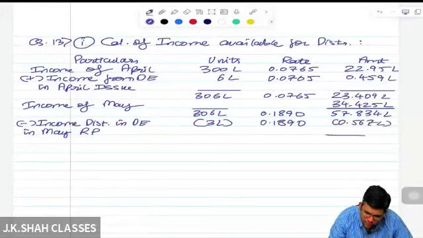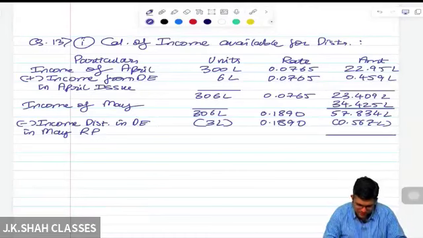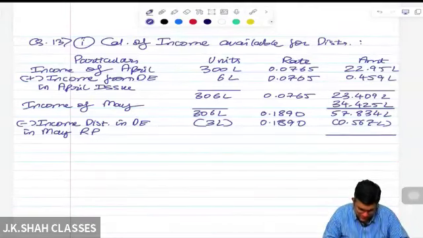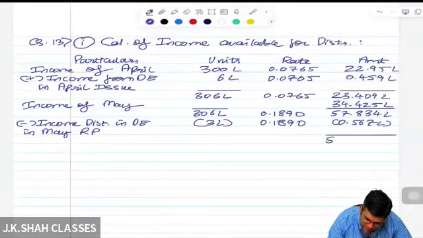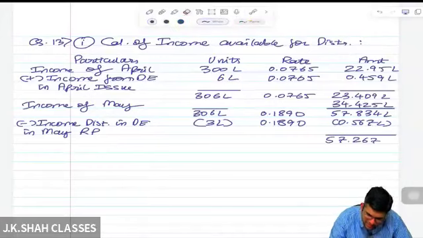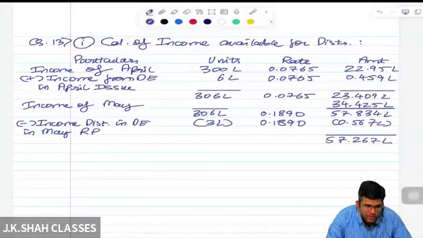So what we are left with is 57.834 minus 0.567, 57.267 lakh. Is it right?